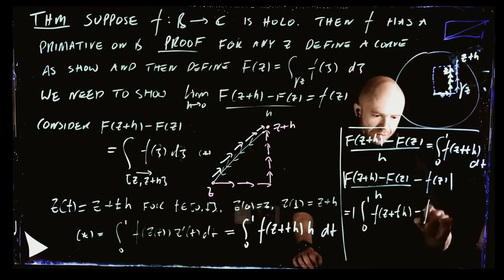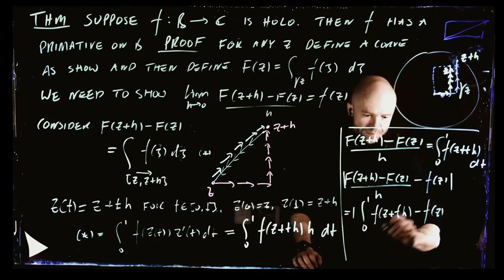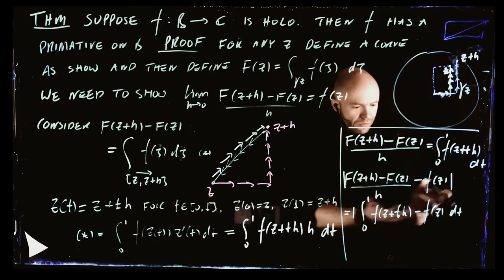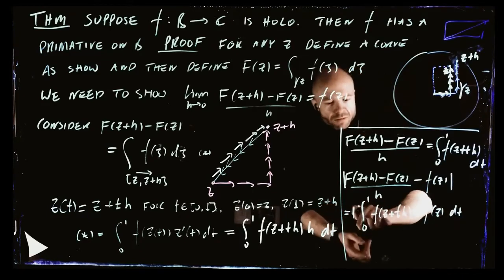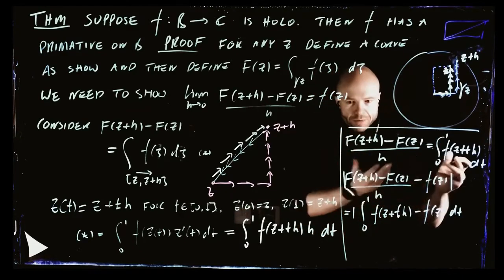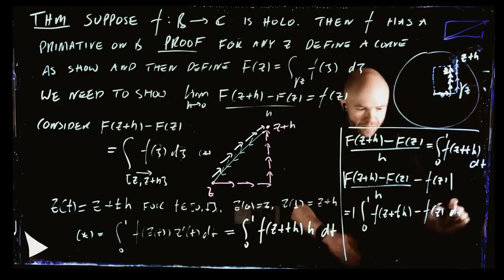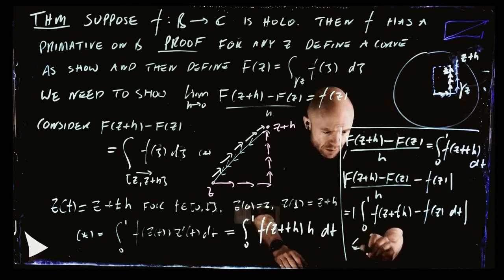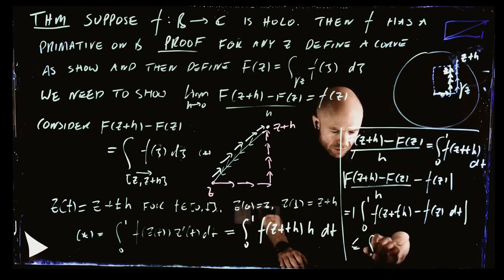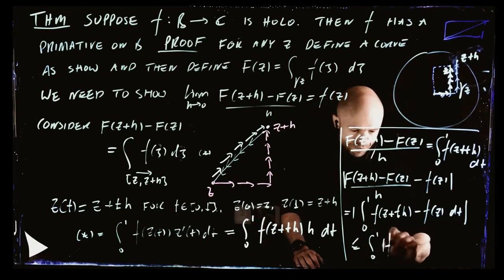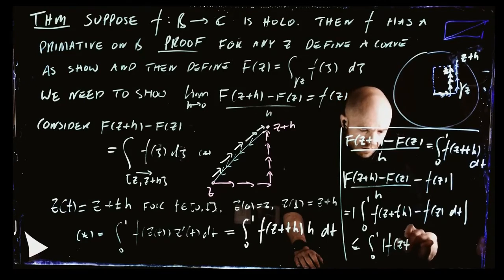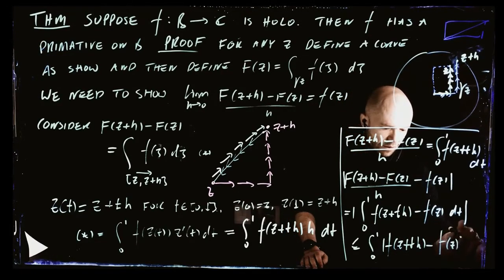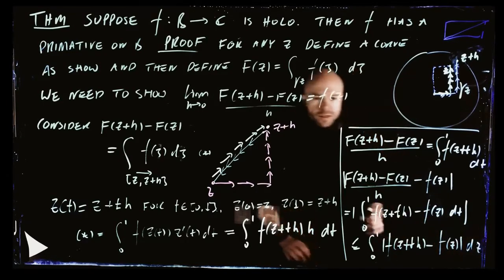And now let's just put this f of z right inside like this, dt. Because when we integrate just this fixed complex number, f of z over 0 to 1 with respect to t, it's just f of z. So we can just put it inside the integral. And let's put the absolute value signs outside like this, or inside like this. We have this plus t times h minus f of z like this, dz.